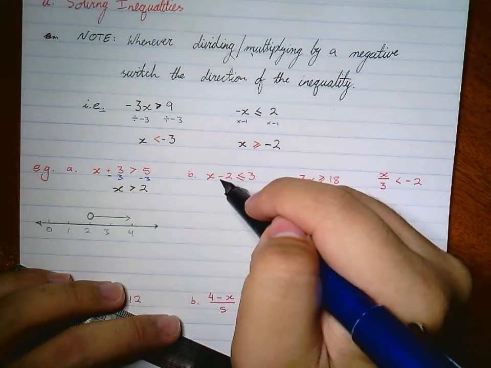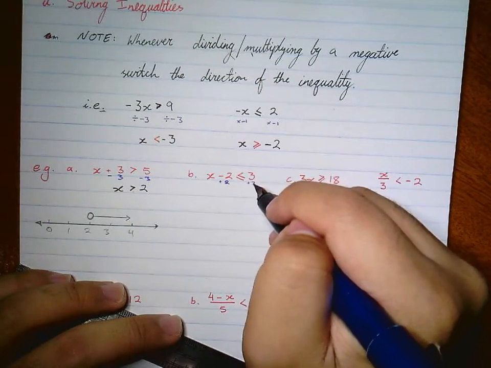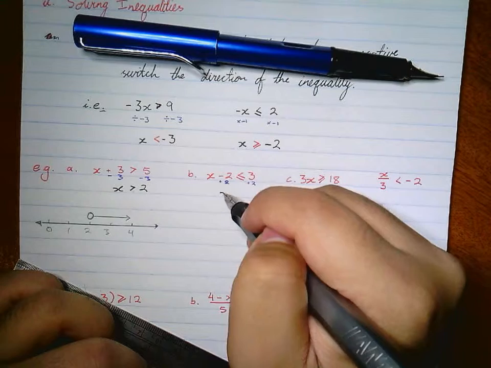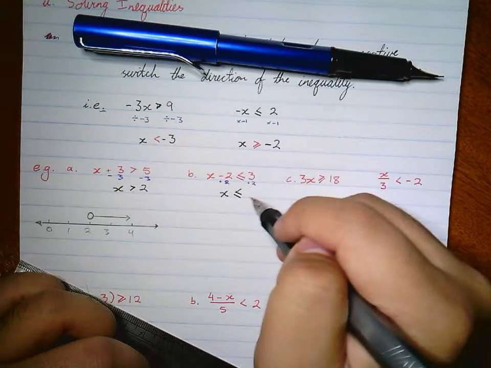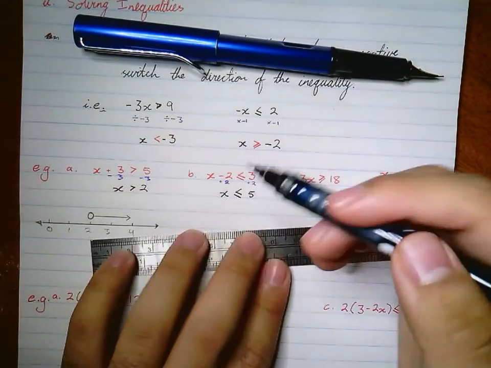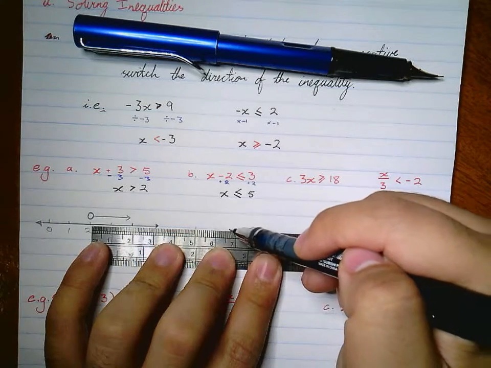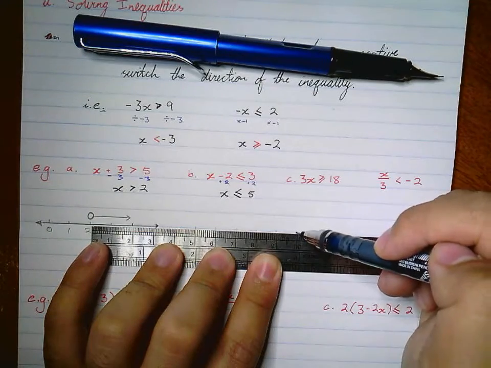This one is -2, so the inverse is adding 2, which will give us x is less than or equal to 5. Once again, getting a quick sketch in here. 0, 1, 2, 3, 4, 5.